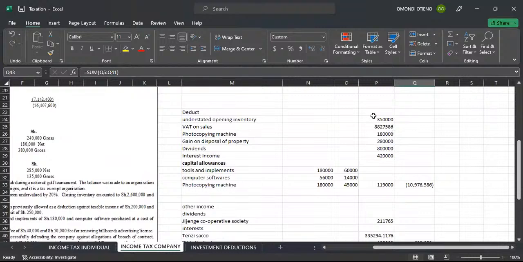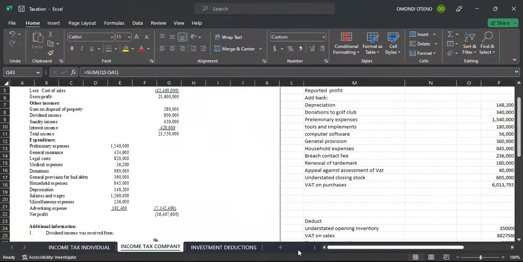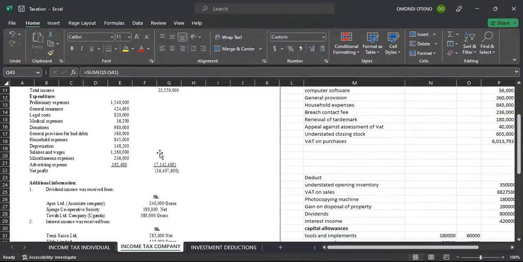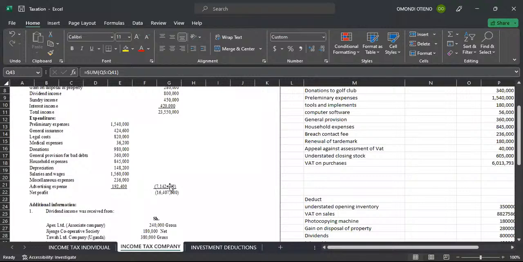That is what we have there as the taxable income, but I've seen there's a mistake somewhere here. 23,550 minus 71,42,400.